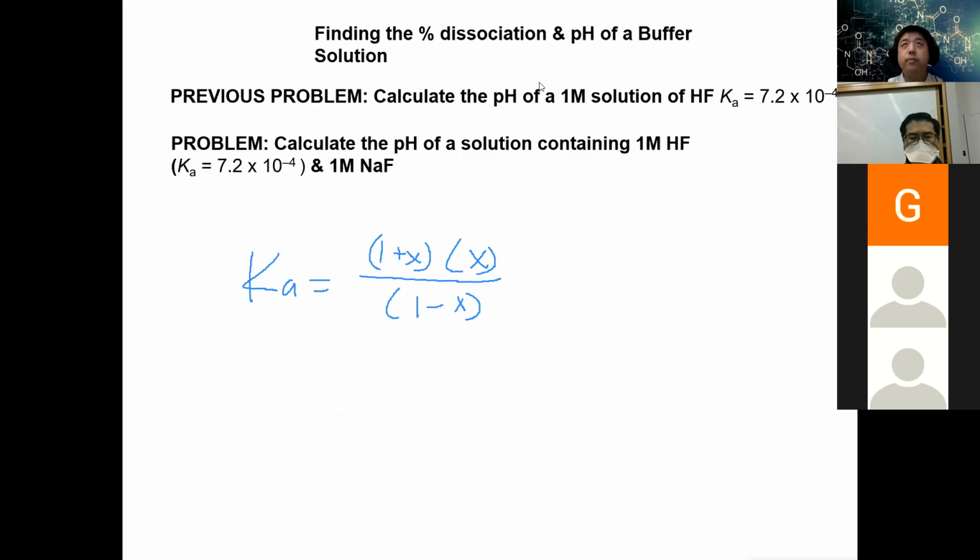Now, what can we always assume in any kind of weak acid equilibria, or in most cases? X does not equal the initial. We can assume the 5% rule, so that the change is negligible. If the change is negligible, what can I cross out?